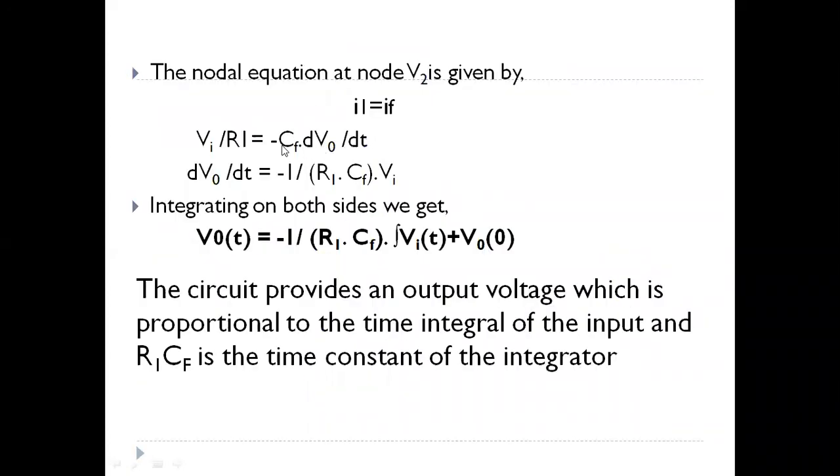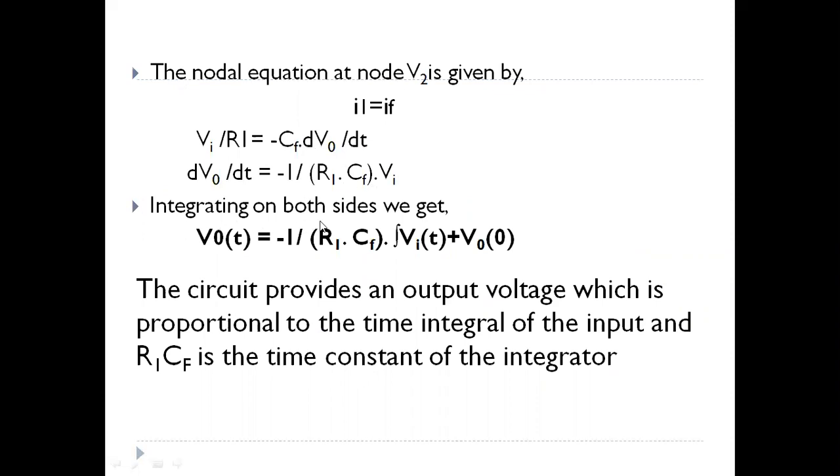So the current is CF into d of minus V0 by dt, or minus CF into dV0 by dt. From this equation, dV0 by dt is equal to minus 1 by R1 CF into Vi.